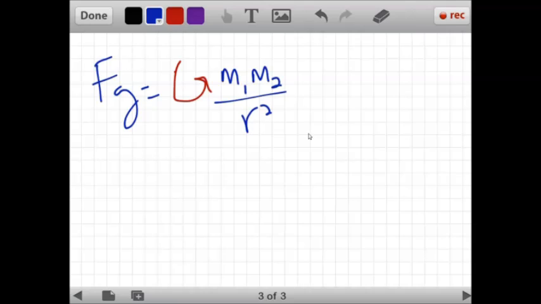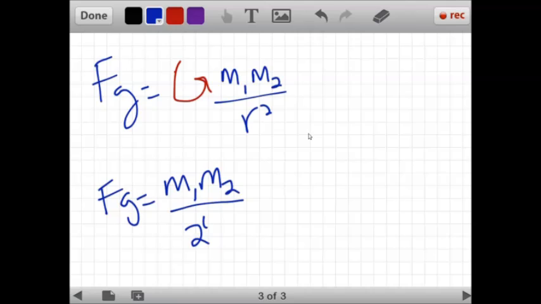Let's see what happens. Fg equals G, which is always some number. I'm going to leave it out because it stays the same no matter what I do. It would be M1, M2, which I'm not concerned about because they're staying the same, over 2, don't forget about this part, squared. So if I really try to break this down, what I'm getting is M1 times M2, let's just say that's 1, because it can be any number that I want.